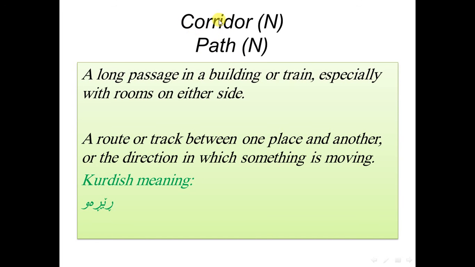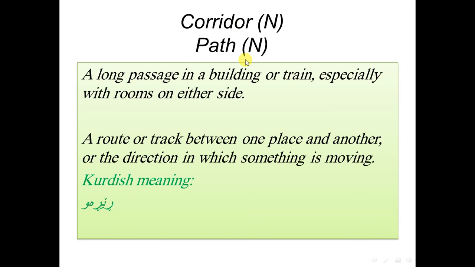They are different in letters and different in pronunciation, but the meaning is the same. When you hear that someone says corridor or someone says path, these vocabulary are the same. We can use these two vocabulary in different places, depending on the concept of the situation, or the situation of a sentence, or the situation of that time when you use the vocabulary.